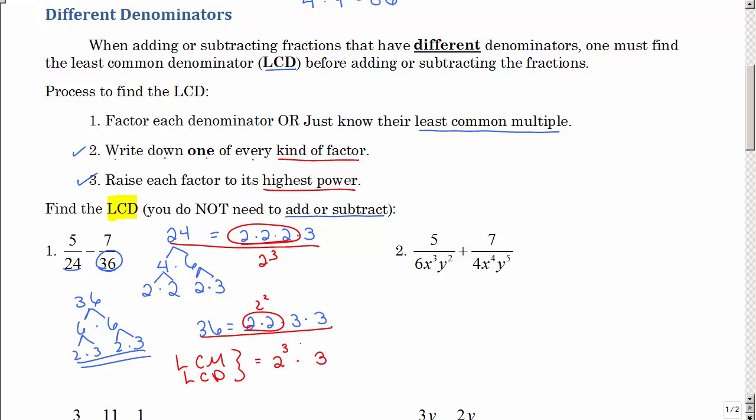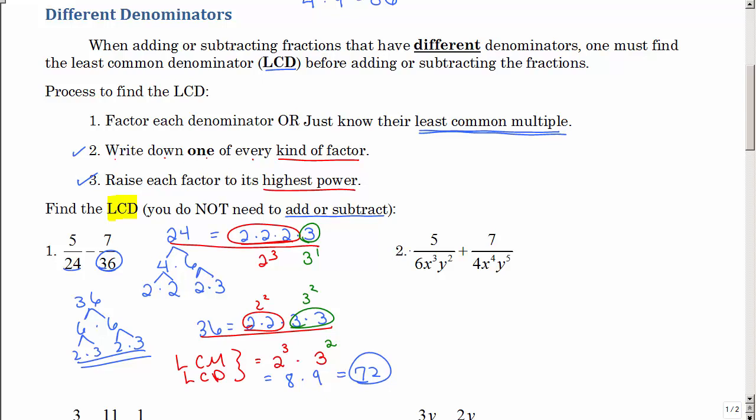I have 3 of them. And then my 3's, that's 3 to the first, that's 3 to the second, so I need a 2 there. Now let's multiply that out. That's 8 times 9, which is 72. And again, if you knew their least common multiple, you were done.